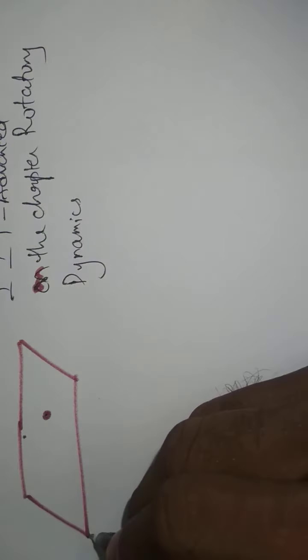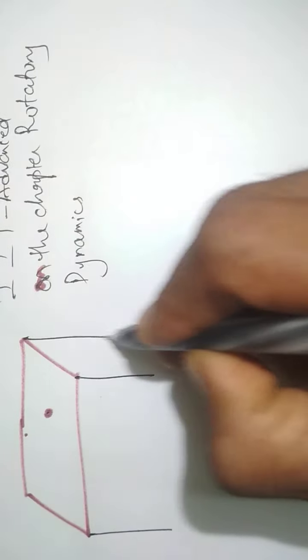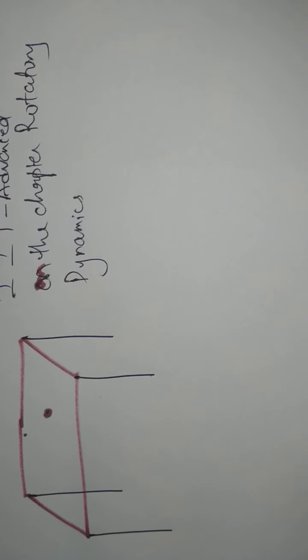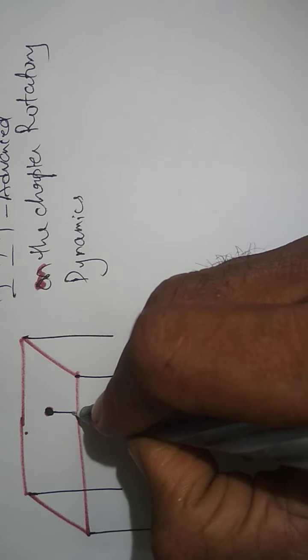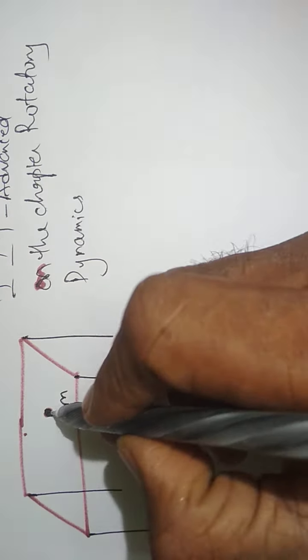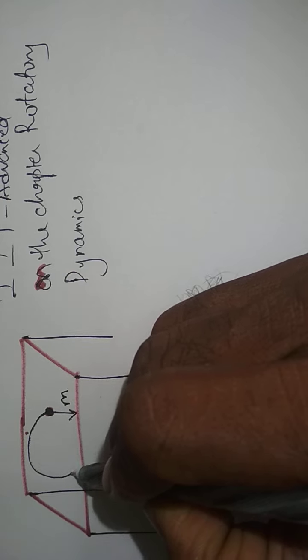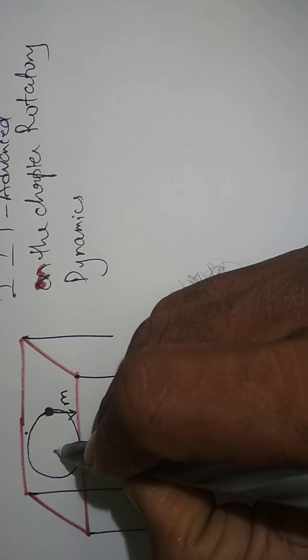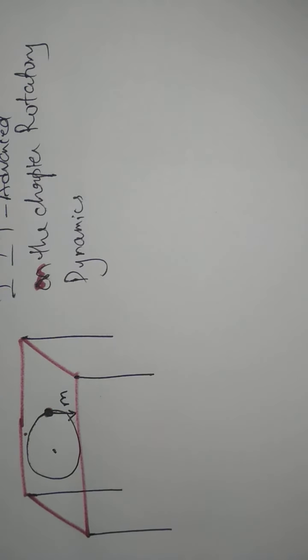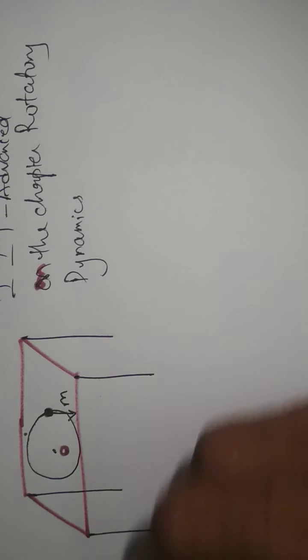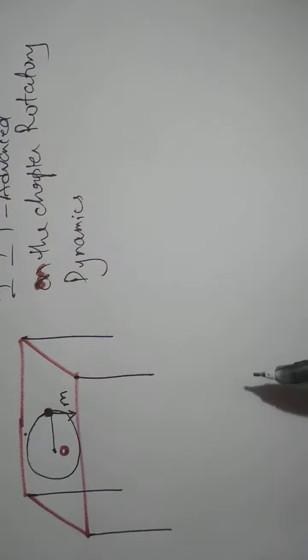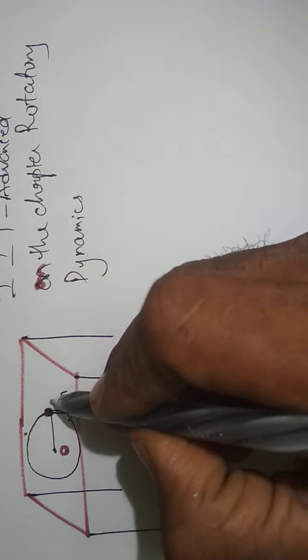The problem under consideration is a table on which there is a point mass m, subject to horizontal rotation from a fixed center, let us take that as O, from where there is a string attached to it and it is rotating like this.